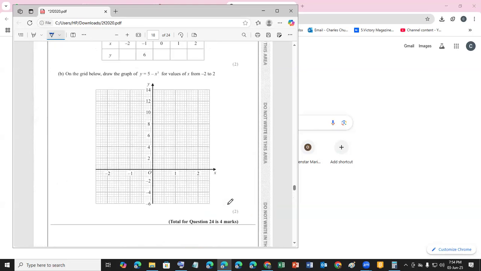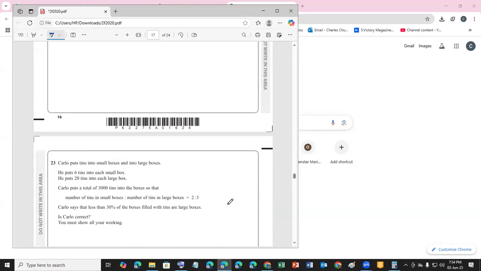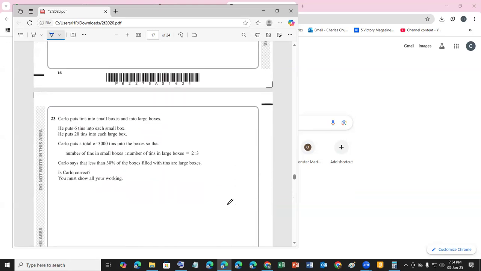Okay, so this is a graph. I'll leave it for you to handle. Carlo puts things into small boxes and into large boxes. He puts 6 things in each small box and 20 things into each large box. Carlo puts a total of 3,000 things into the boxes so that the ratio of the number of things in small boxes to the number of things in large boxes is 2:3.